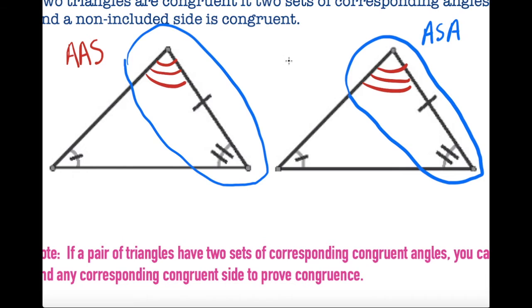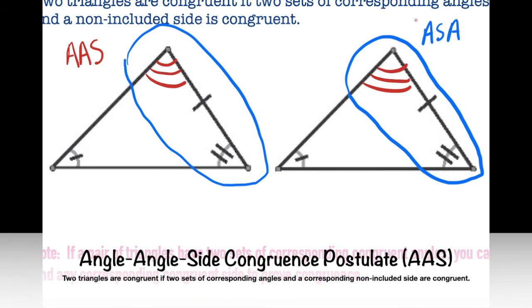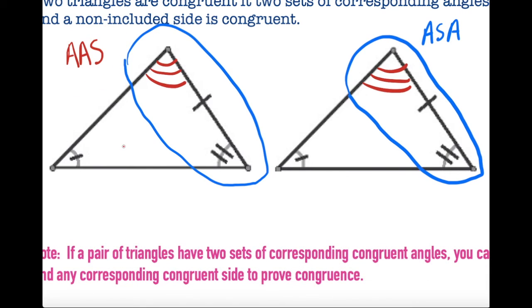If you can get to angle-side-angle by starting with angle-angle-side, stating the third angles theorem, and the side always ends up being included, then it's not really necessary to go further than angle-angle-side, because every single time we get to this postulate here, we are going to arrive at ASA by the third angles theorem. So this postulate here, AAS, is really just cutting out that middle step. It's recognizing that if we start with AAS, by adding the third angles, we're going to get to ASA.